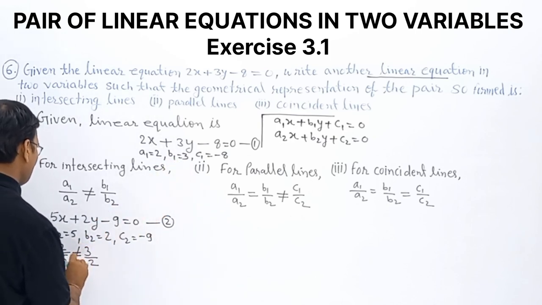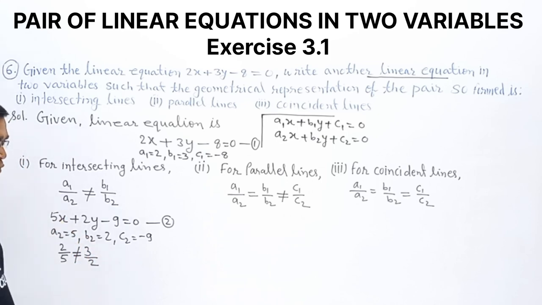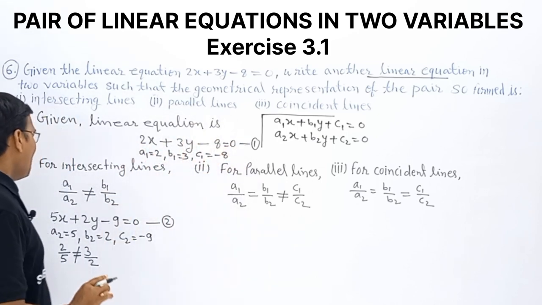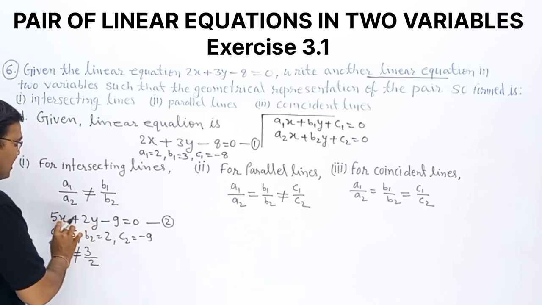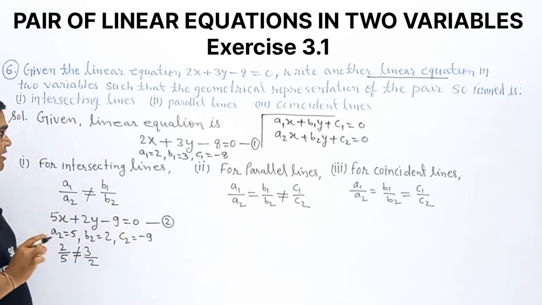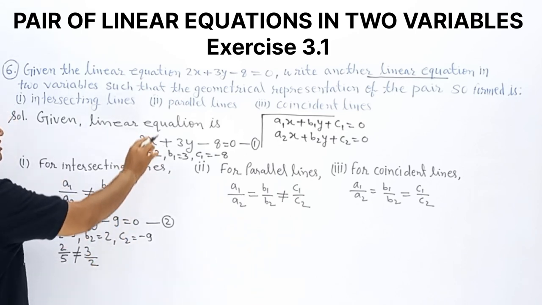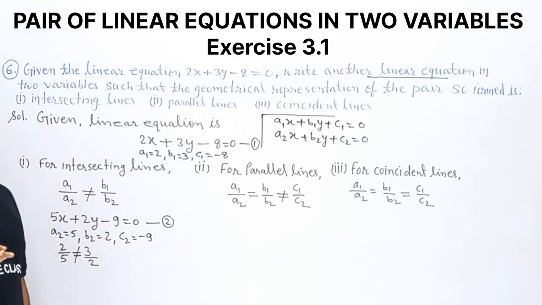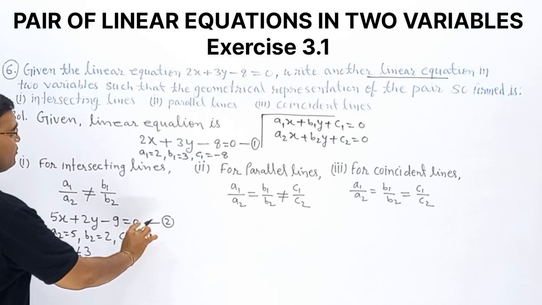This ratio 2 upon 5 is not equal to 3 upon 2. So we can say that both linear equations in two variables are intersecting lines.